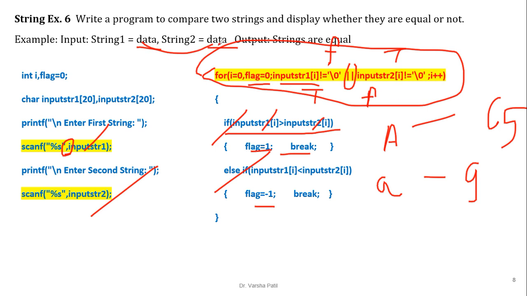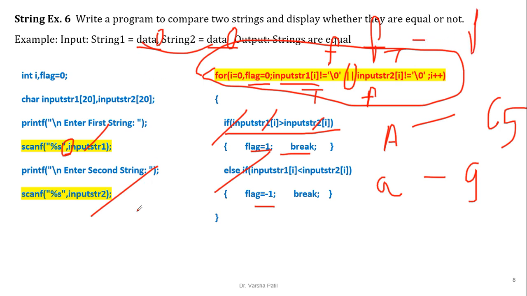Now it compares a, after that it compares t, after that it compares a, and both null characters occur simultaneously. When both null characters occur simultaneously, what will happen? This condition is fail and fail. So what is fail or fail? It is nothing but fail. So it will come out of the loop.